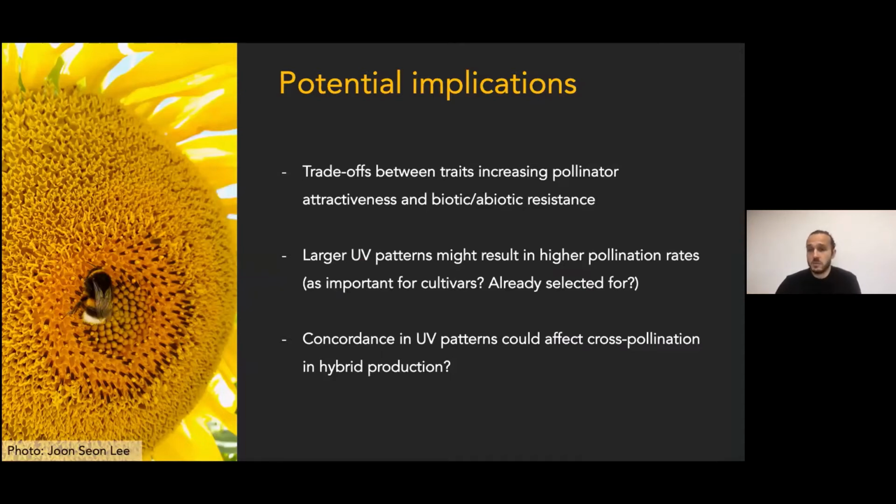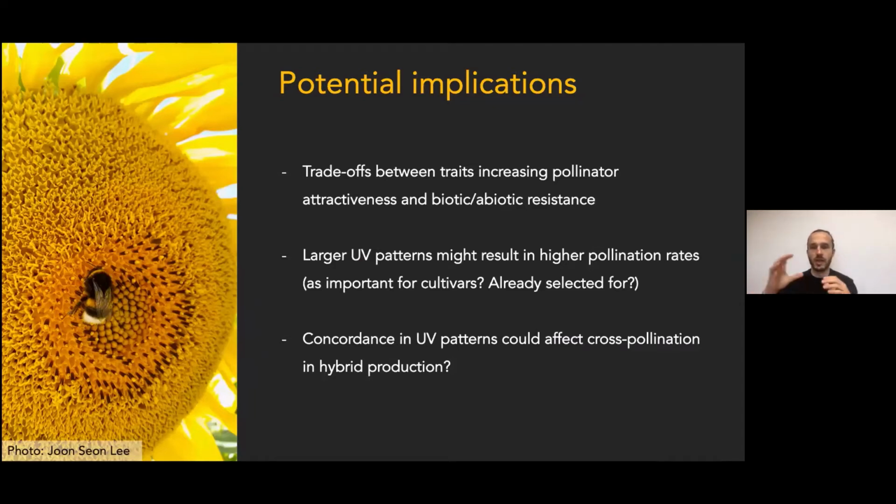The other thing that would maybe be worth considering is whether the size of UV pattern in cultivated sunflower might be something that people want to look into to increase pollination rates in these plants. It's not clear to me that would be as important for cultivars. One idea of why these UV patterns are important is, of course, that they increase visibility and increase contrast between the UV absorbing and the UV reflecting part of the ligules.